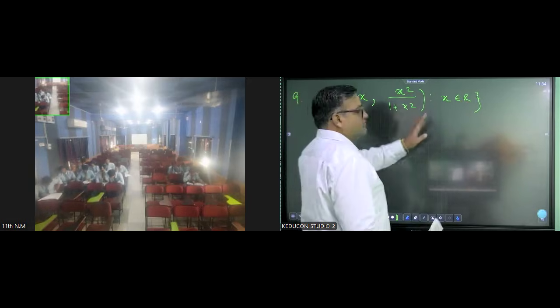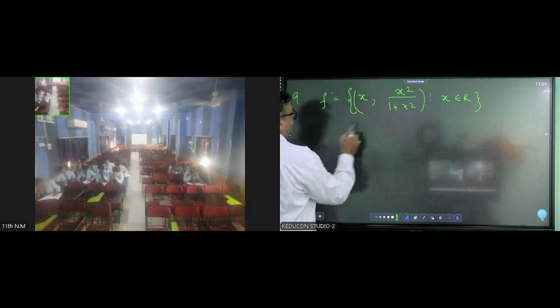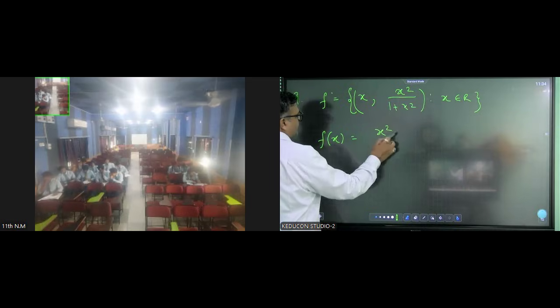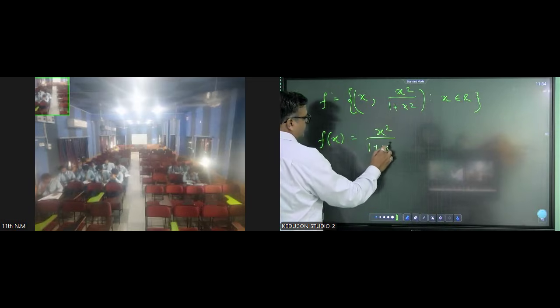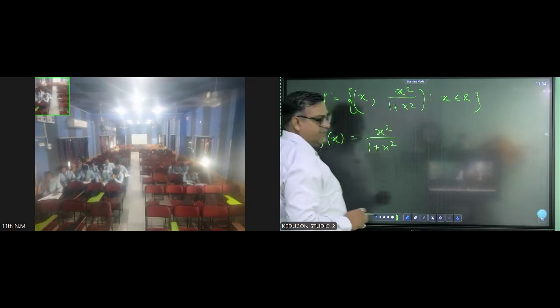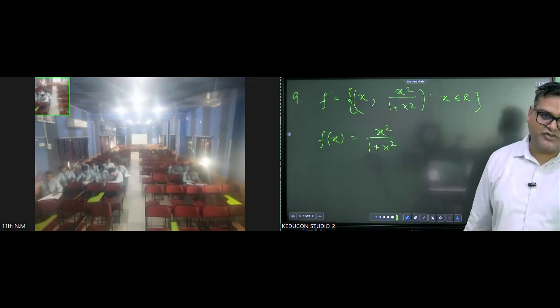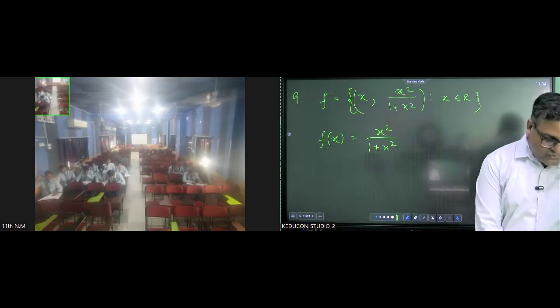Now student, what is the meaning of this question? Means this is x, this is y, right? So we can write f(x) is equal to x square upon 1 plus x square, right? And x belongs to real number and range is also real. So we have to find the range of this question.